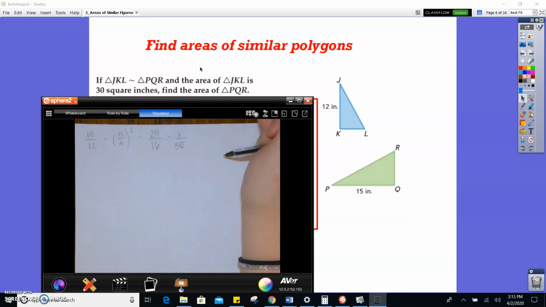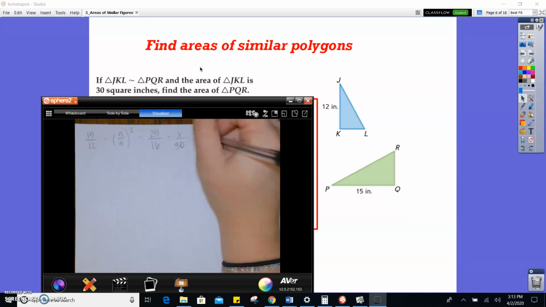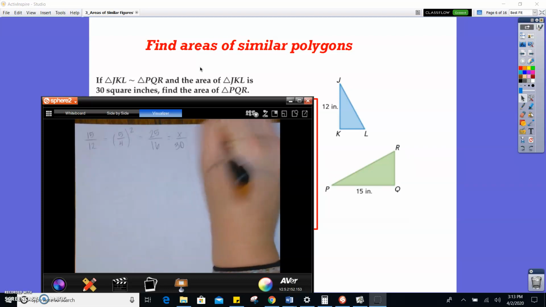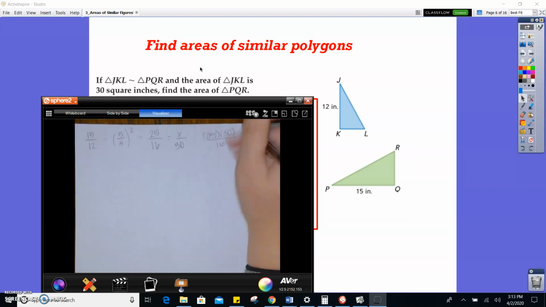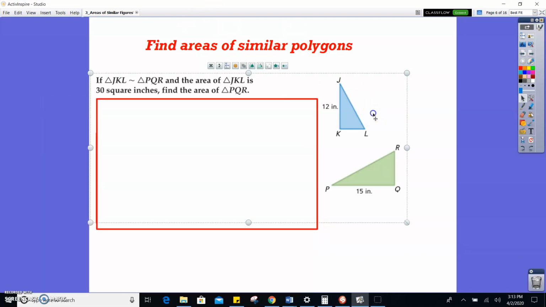So I know that I can do cross multiplication and then division to solve for my unknown part. So I will multiply 25 and 30, and then divide by 16, which gives me an approximate value of 46.9 for the area of triangle PQR. So then we're going to go back.